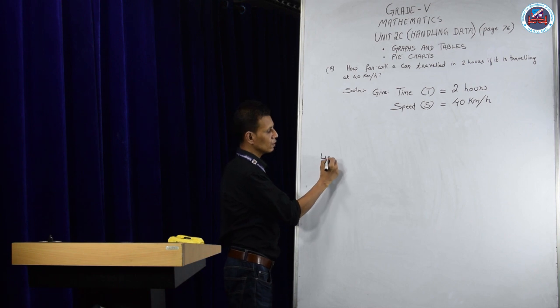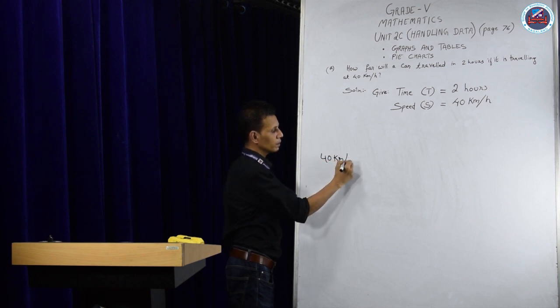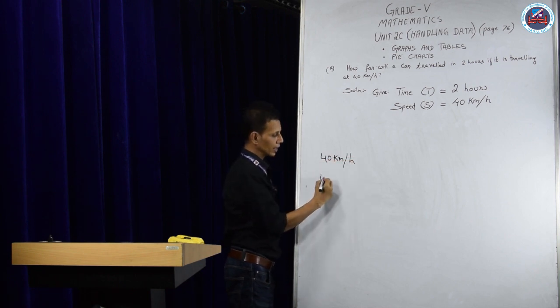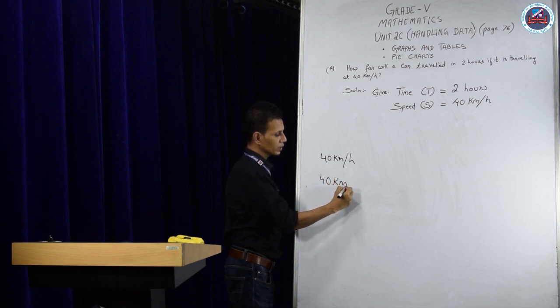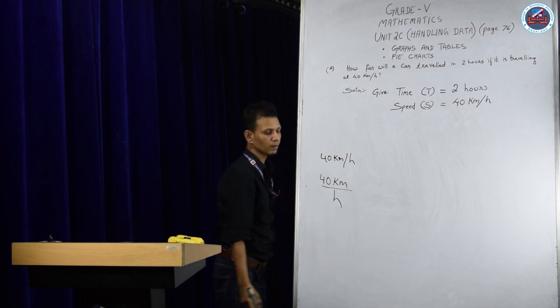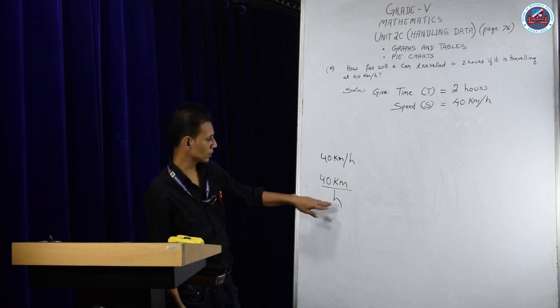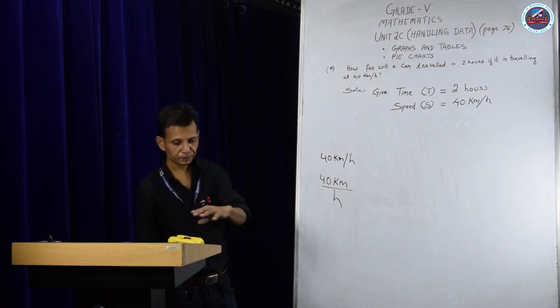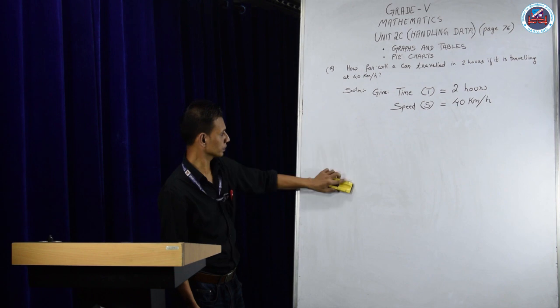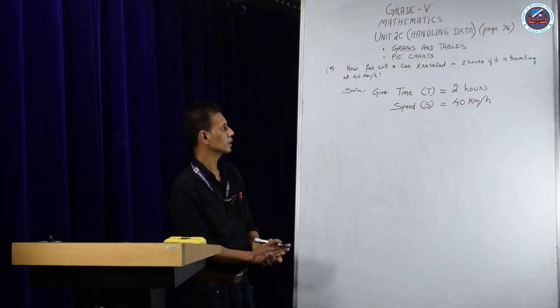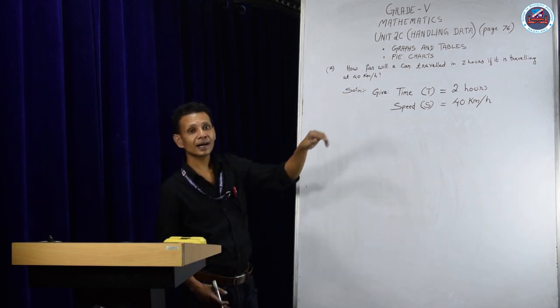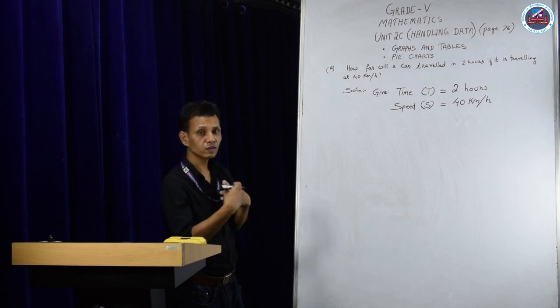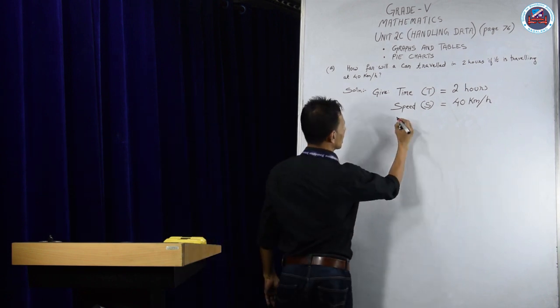Like for example, 40 kilometer per hour. Actually it is like that, 40 kilometers divided by hour. Hour will go down. Okay? How far will a car travel? How far? That is distance. We don't know, asked to find.